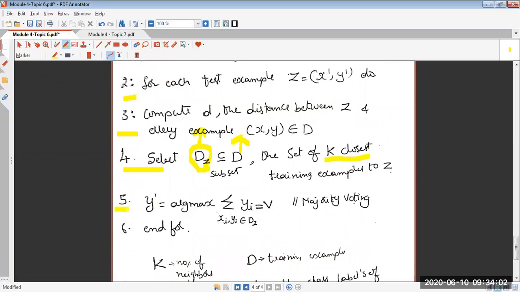So step 5 is the voting mechanism that I told you just now. For example, 3 points have been selected, P1, P2, and some P4. In the example that I demonstrated, P1 and P2 are that of cat, and maybe P4 is that of horse. So to which class does your input data belong?